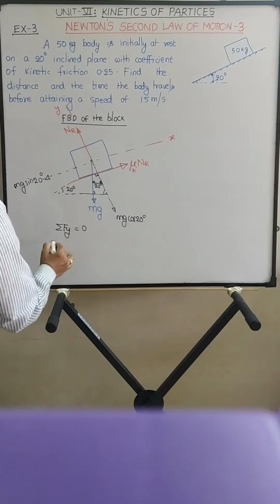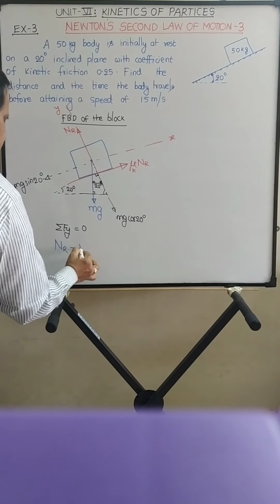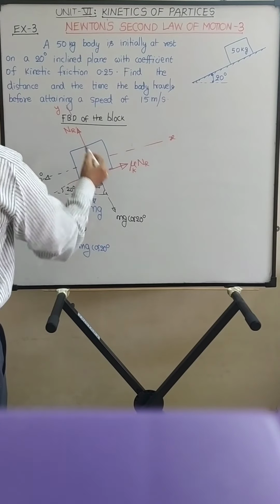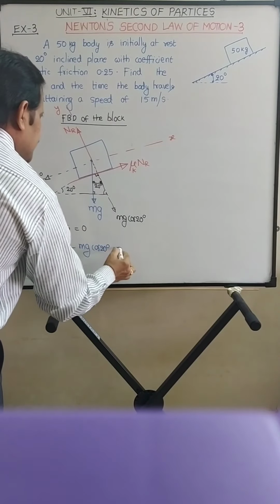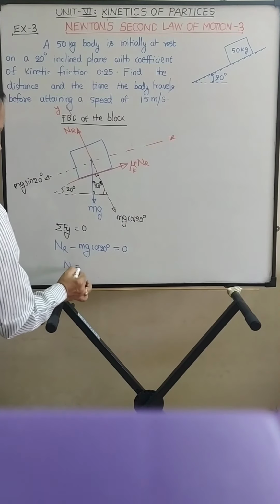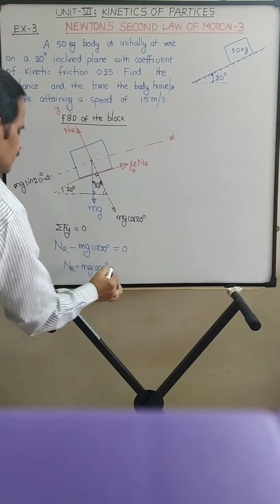So it is plus NR minus mg cos 20. Only these two forces are acting in y direction, equal to 0. So the normal reaction is equal to mg cos 20.